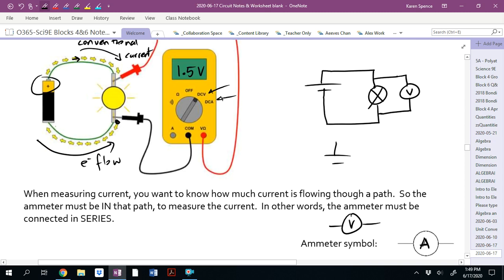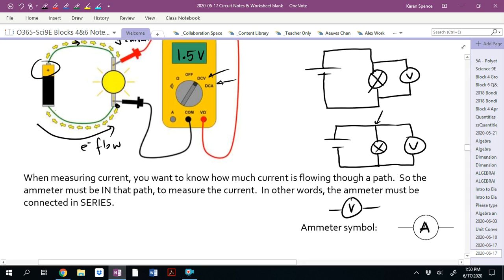Watch this. Does it matter if my branching point is indented or if my branching point just happens there? No, it doesn't matter. So either of these is acceptable. Neither is incorrect.